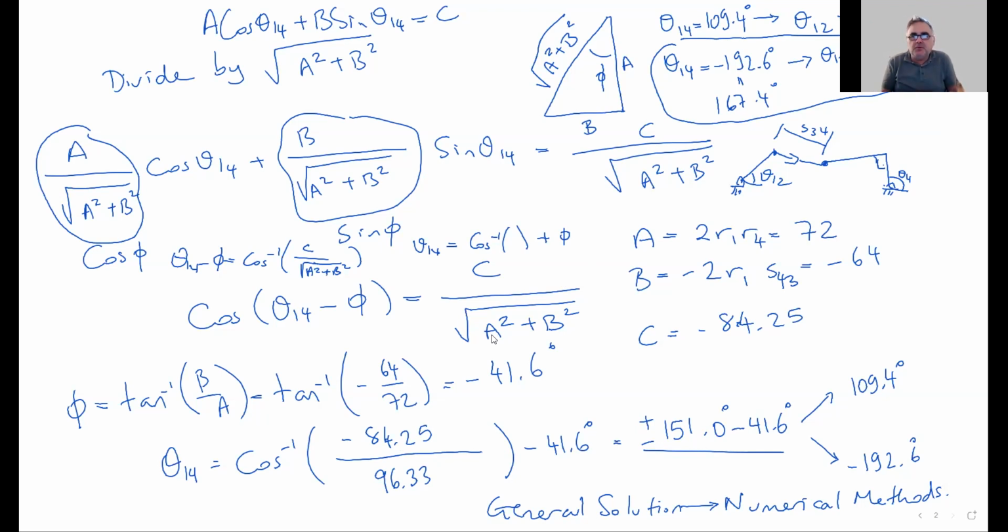For example, for a 4-bar, you can get all possible values of theta 1,3 and theta 1,4 for a given theta 1,2.